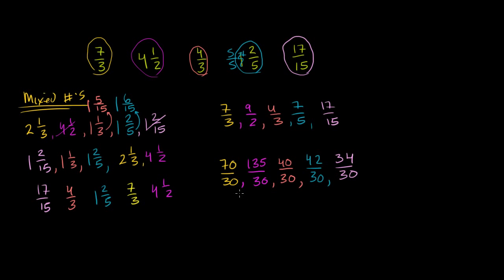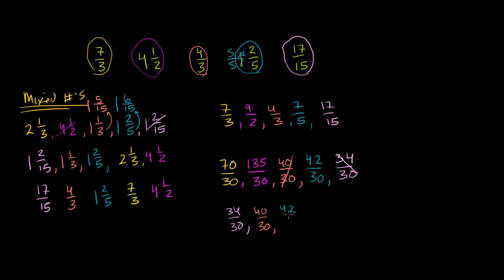And now we can compare apples to apples. All the denominators are the same, so we can just compare the numerators. The smallest numerator here is 34, so 34 over 30 is the smallest. Then the next smallest is 40 over 30. And then the next smallest is 42 over 30.